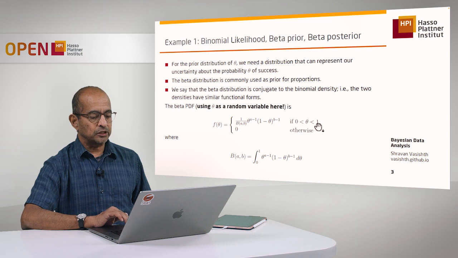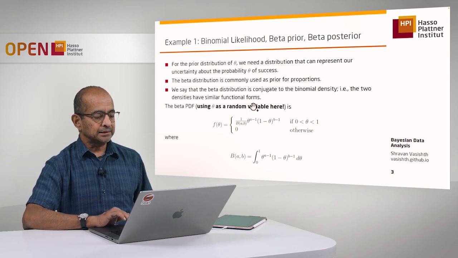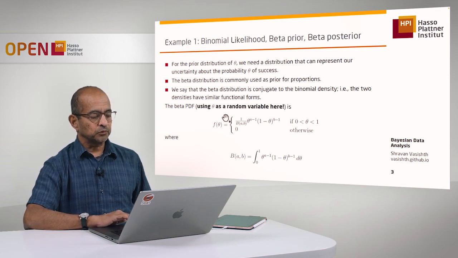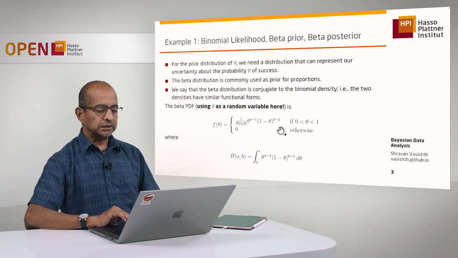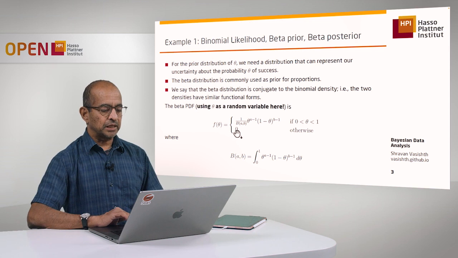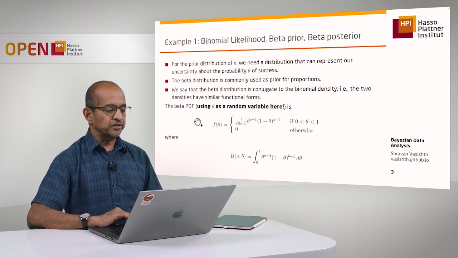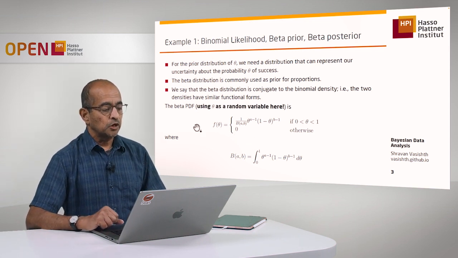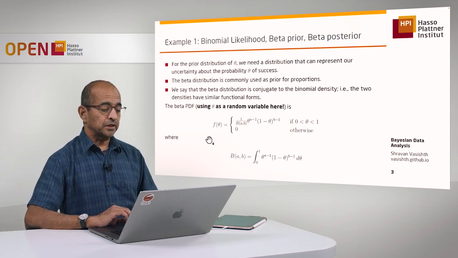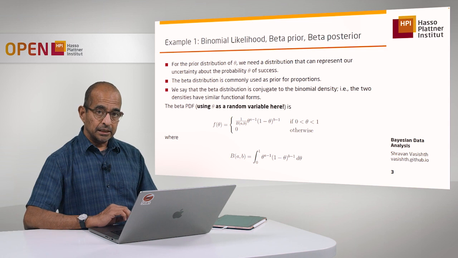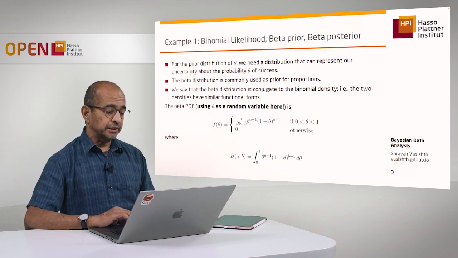For any value between 0 and 1, this is the term that the beta distribution will have for defining the probability density function. And for all other values outside this range, the value will be 0. That's the definition of the beta probability density function, and we're going to use this beta density function for modeling our prior beliefs about the parameter theta.